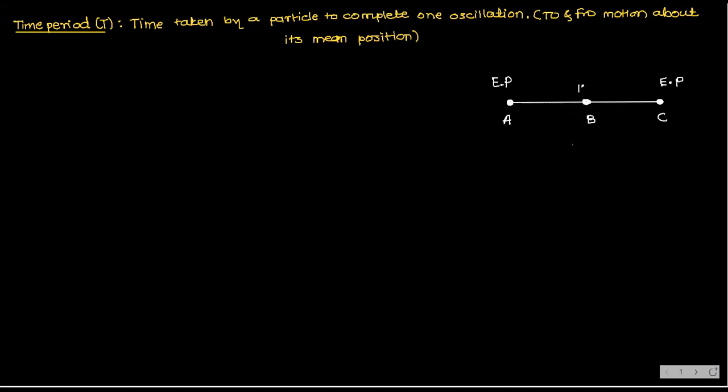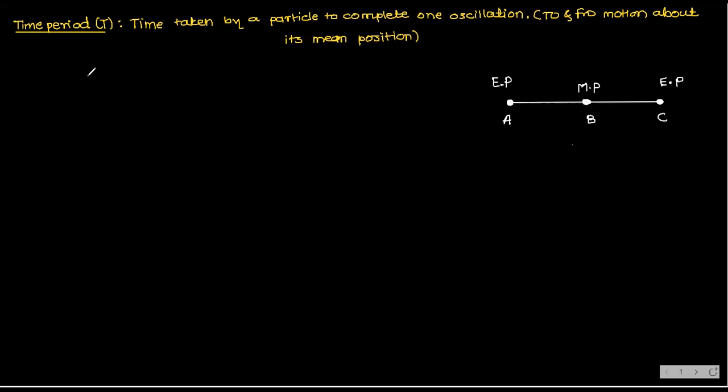And this is the mean position. So time taken to go from O to A, or here it is A to B, B to C, C to B, and back to A is your one oscillation, right?